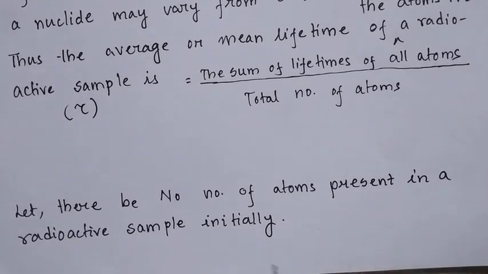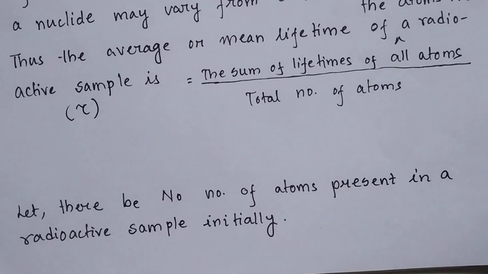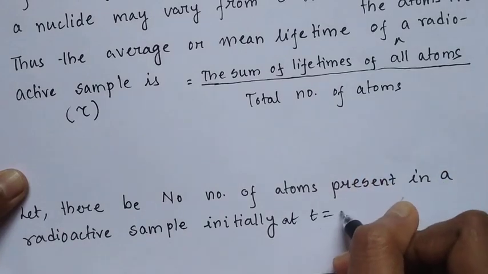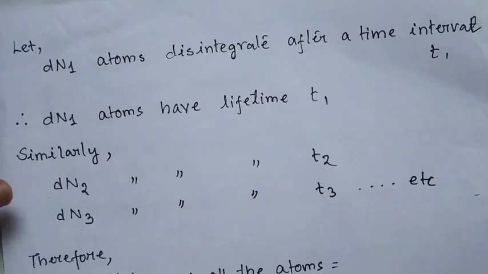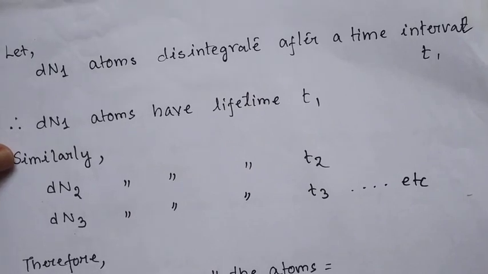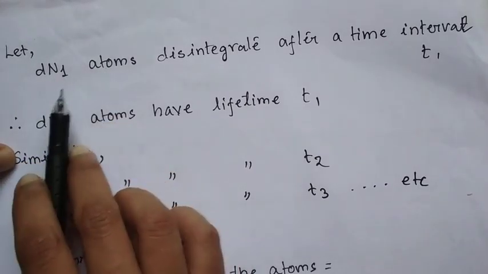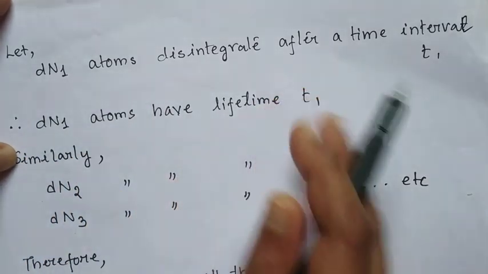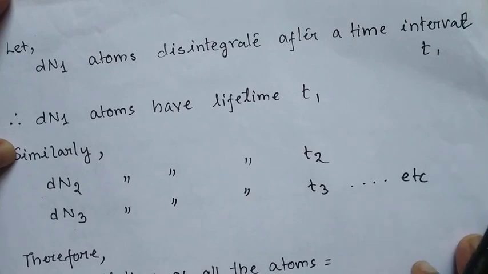So let there be N0 number of atoms present in a radioactive sample initially, that is at t equals 0. Now, out of this N0 number of atoms, different numbers of atoms disintegrate after different time intervals. Let dN1 out of N0 atoms disintegrate after a time interval of t1.